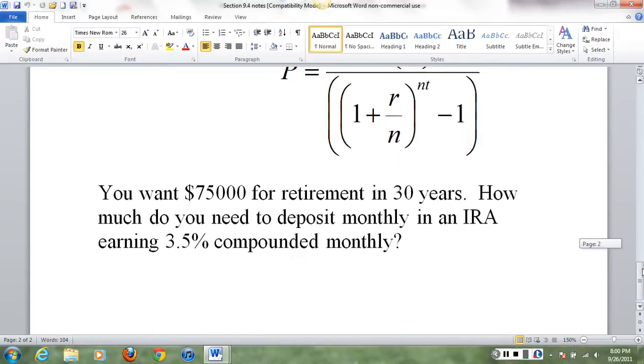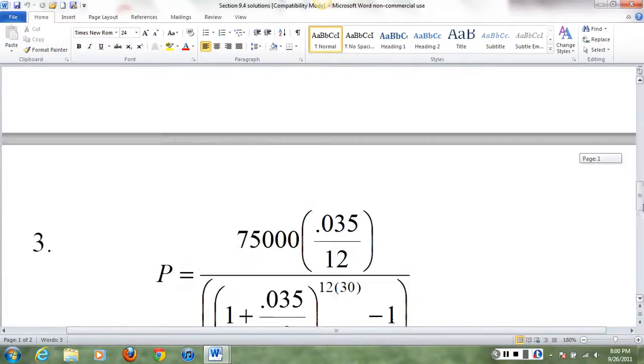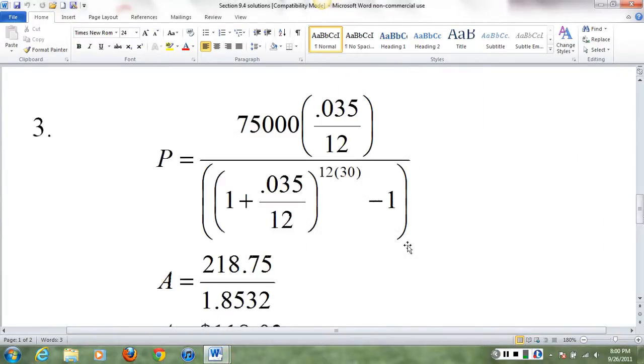So for example, you want $75,000 in retirement in 30 years. How much do you need to deposit monthly in an IRA earning 3.5% compounded monthly? So looking here, using that same formula, I put in what number I want to reach. That's 75,000.